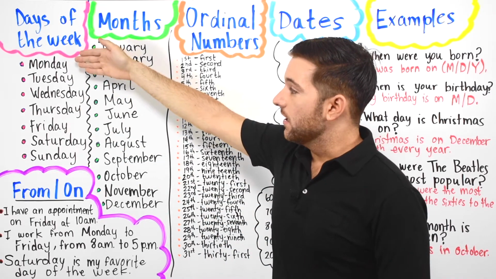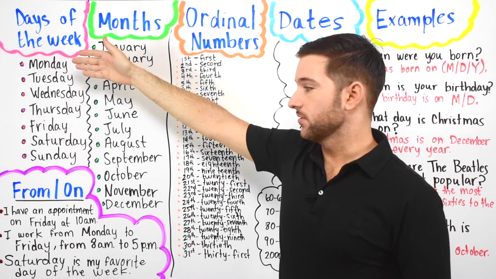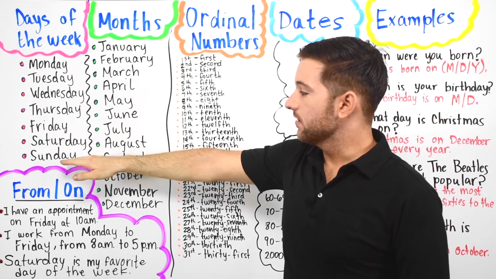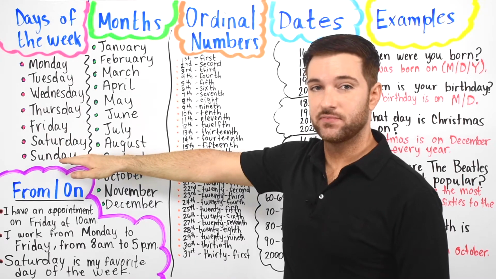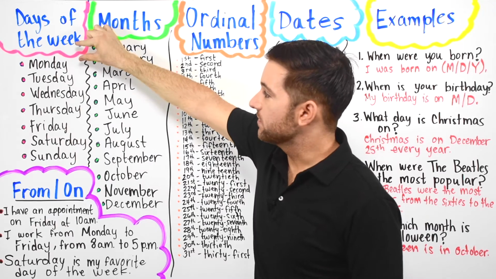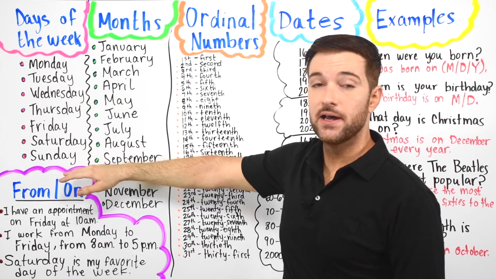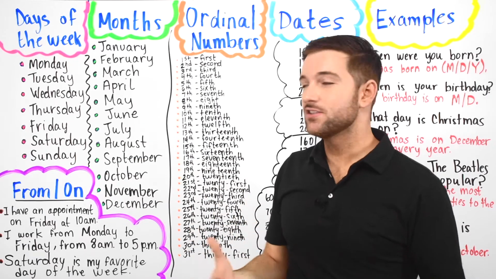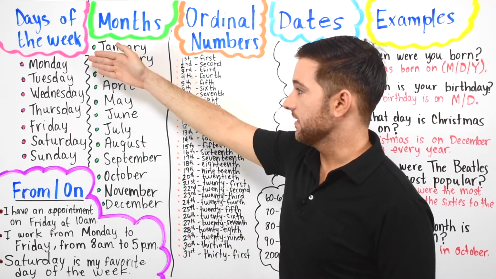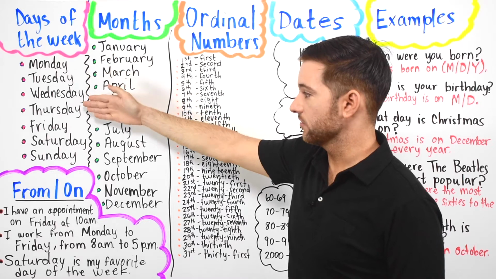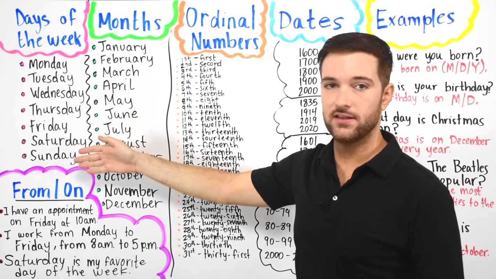So oftentimes in the calendar, for example, you'll see the day of the week starts with Sunday. Okay, so you'll see Sunday up at the top. It goes Sunday, Monday, Tuesday, Wednesday, Thursday, Friday, Saturday. But normally, Americans, we say it like this: Monday, Tuesday, Wednesday, Thursday, Friday, Saturday, and Sunday.